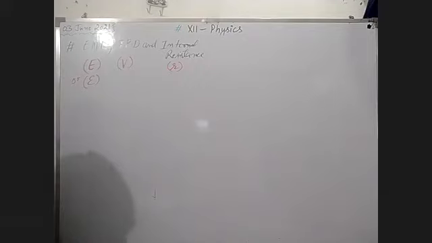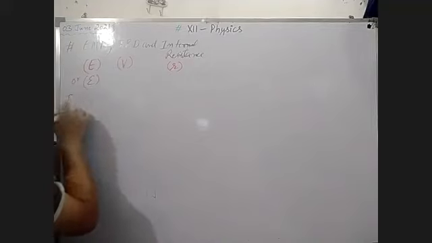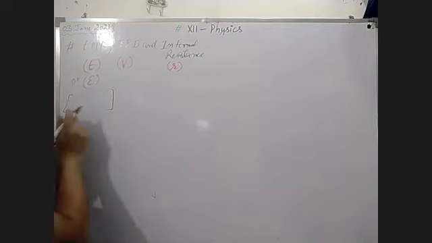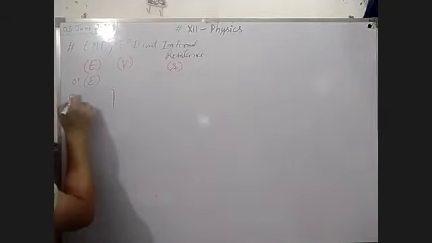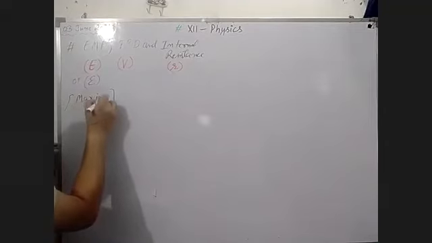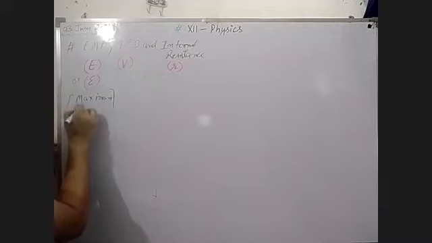Okay. EMF of a cell is the maximum potential difference between two electrodes of the cell when no current runs from the cell. EMF is what? EMF is the maximum potential difference.